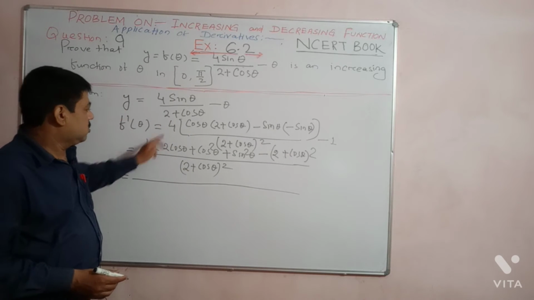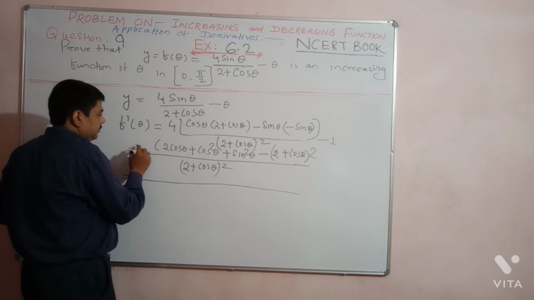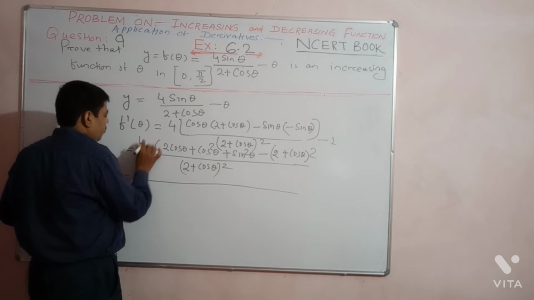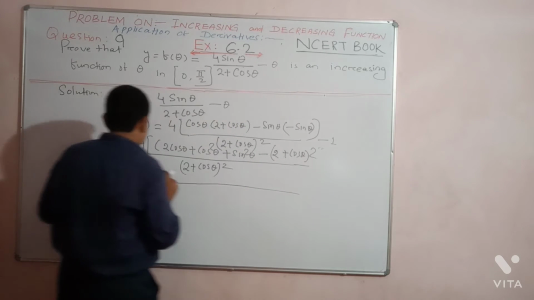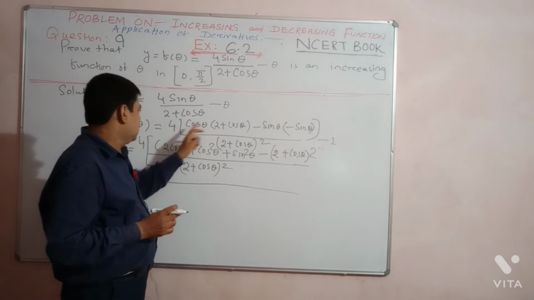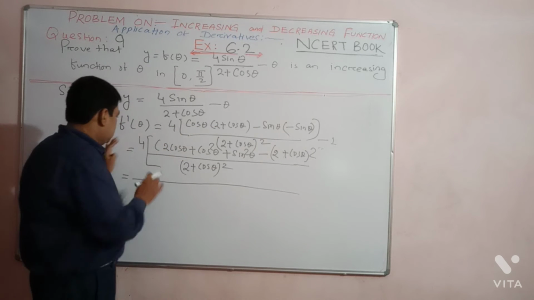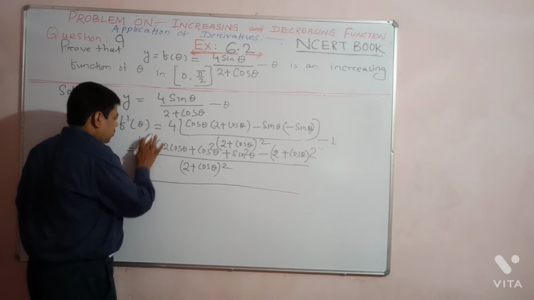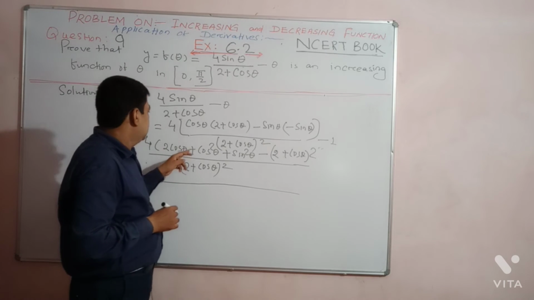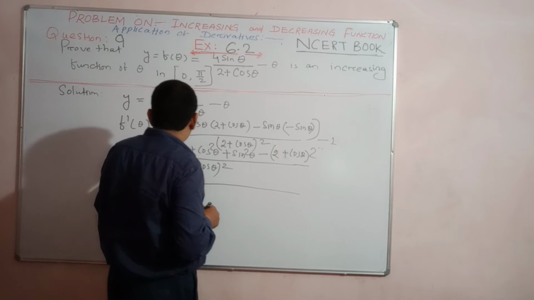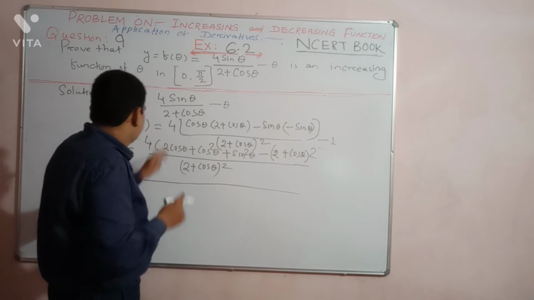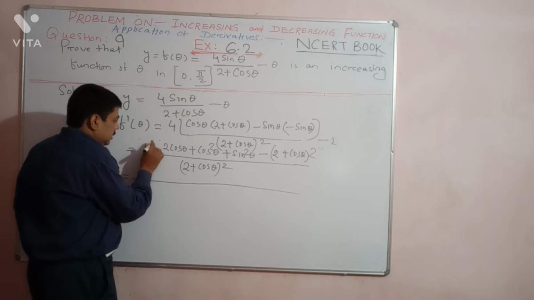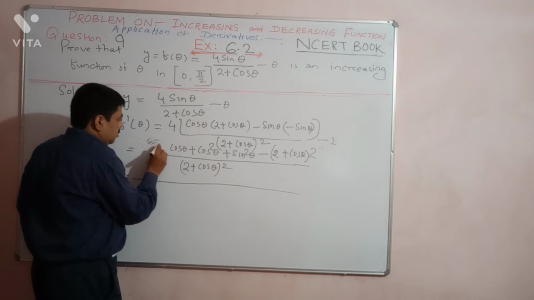So this is the LCM, 2 plus cos theta whole square. Now you see 4 into 2 cos theta. You can multiply 4 here: 4 whole into 2 plus cos theta, cos theta into 2 is 2 cos theta, it will be 8 cos theta. Yes or no?